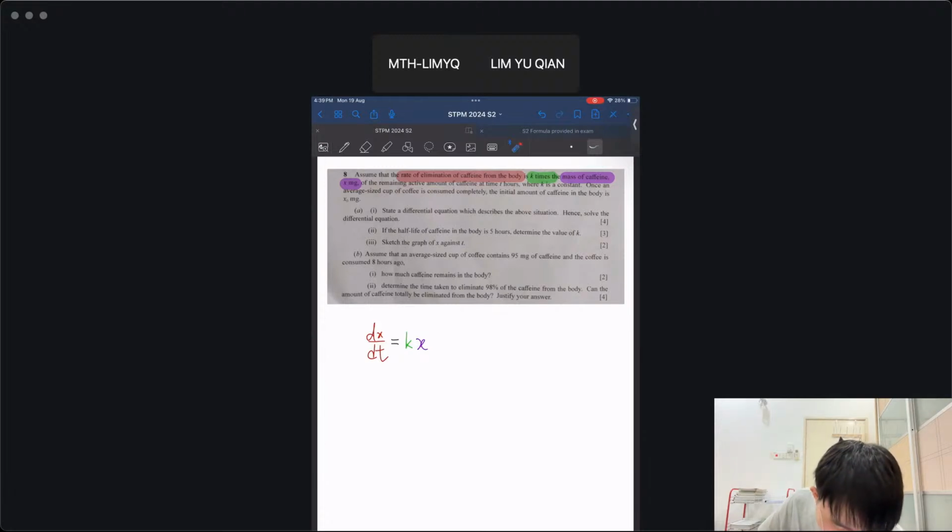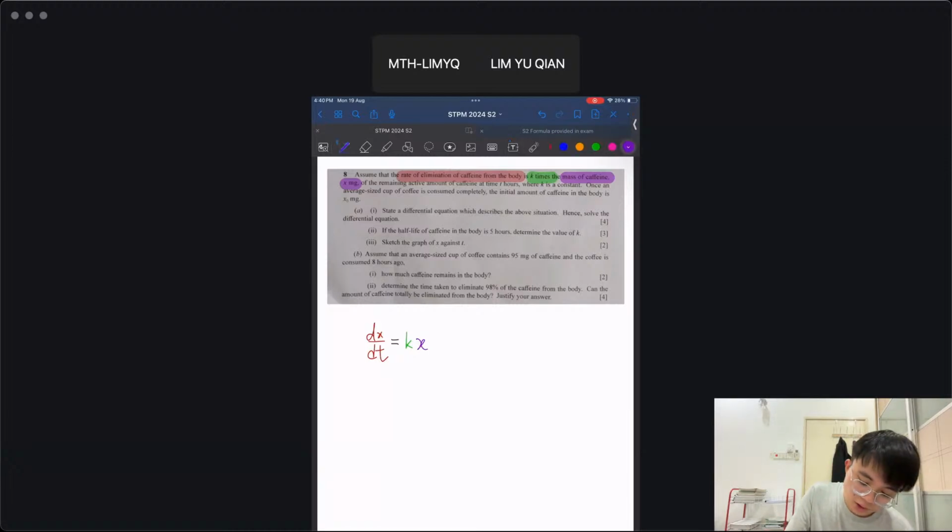Once an average size cup of coffee is consumed completely, the initial amount of caffeine in the body is x0 mg.